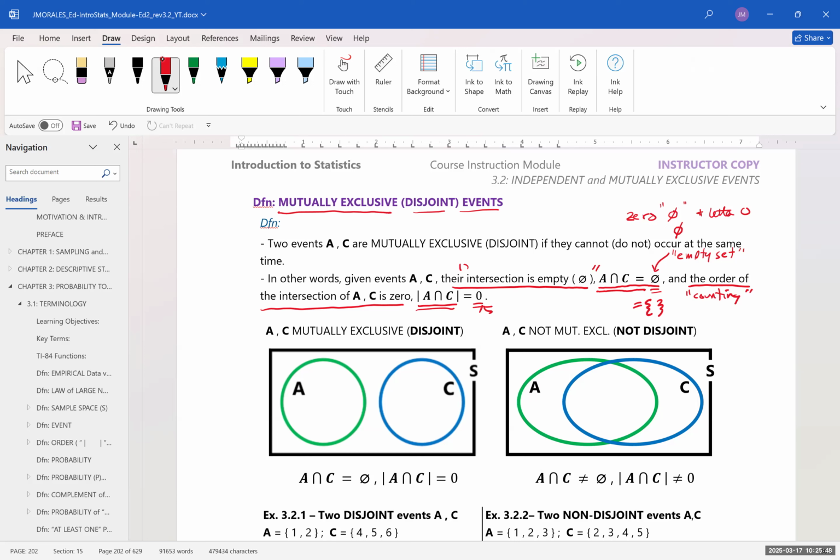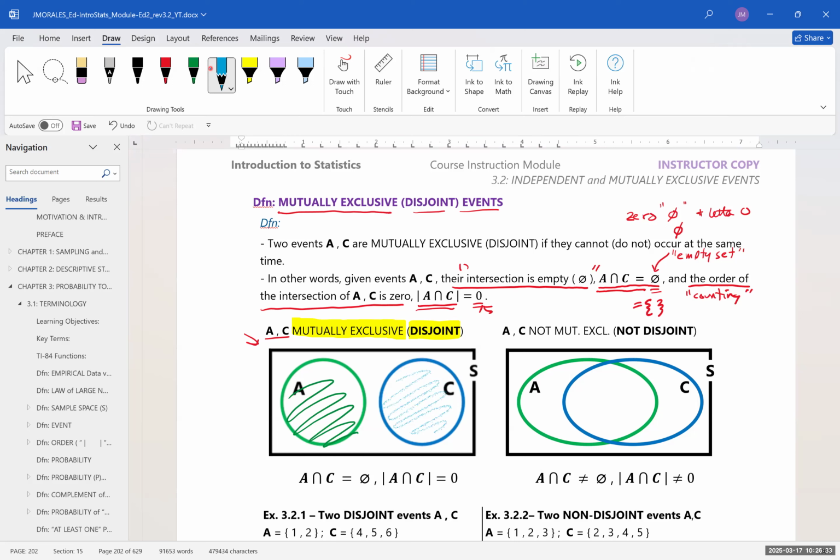So here I'm defining this, describing this mathematically, but visually, what does this look like? Here in this example, we've got two events, A and C, that are considered to be mutually exclusive or disjoint. You can see here on the left, we've got event A, which is everything inside those bounds. And then we've got event C, which is everything inside those bounds.